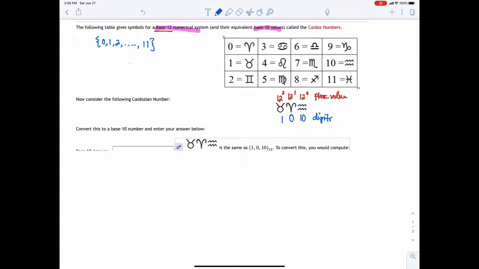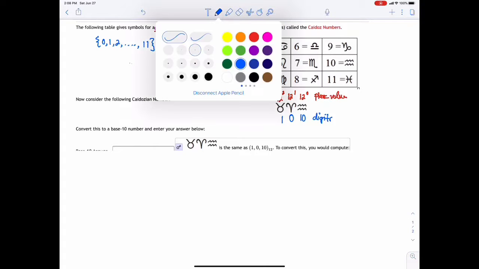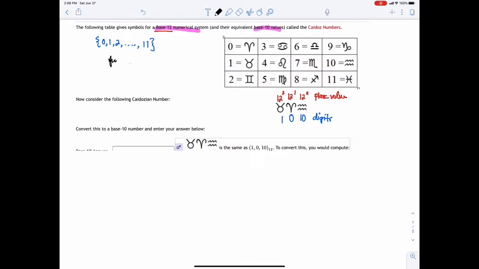As we usually would do, anytime we have to go from a base n, whatever that n may be, to base 10, we multiply and add. We multiply each place value with its digit, place value times the digit, and then sum them all up.